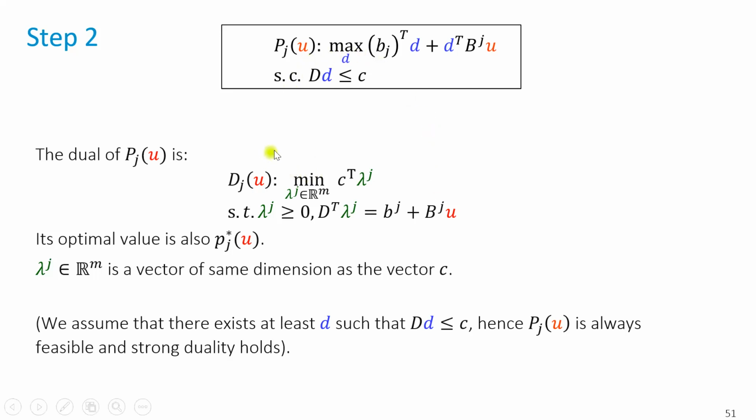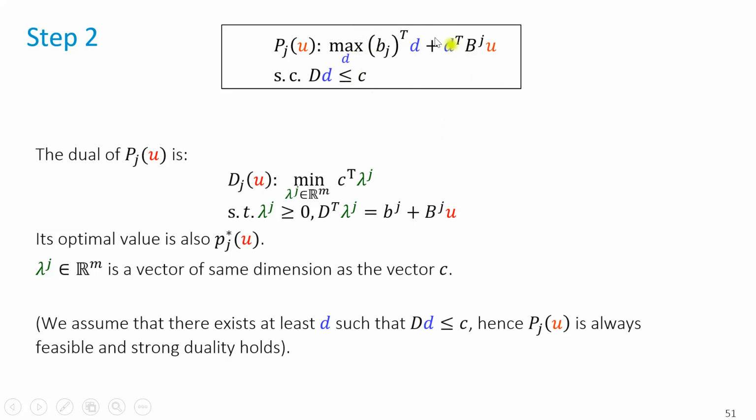Well, by duality. We know that for linear programs, strong duality holds. So the dual will give exactly the same optimal value. So if I consider the dual, now using the cheat sheet I explained 15 minutes ago, the dual of this is given by this generic form. I have a vector of Lagrange multipliers. I have one vector per inequality. So for every j, there is a vector lambda j, which itself has many coordinates here. And this has a parameter u, right?